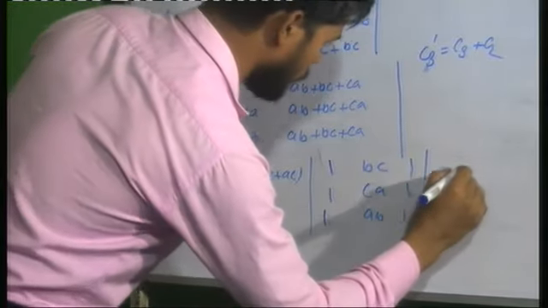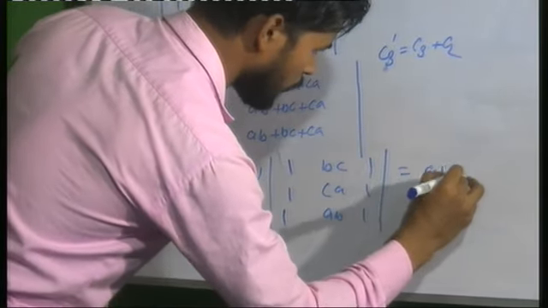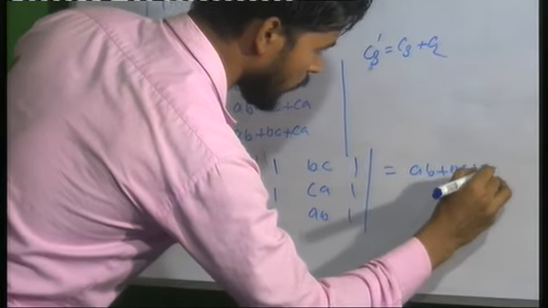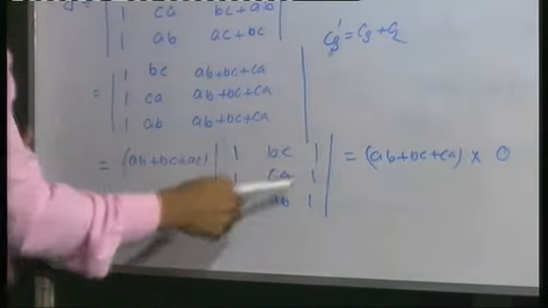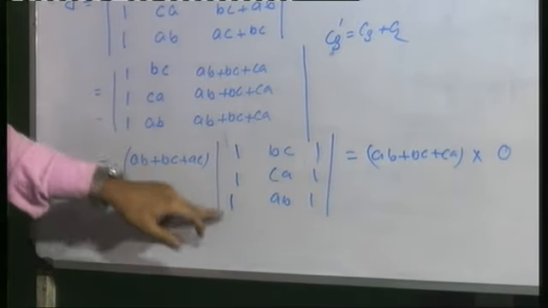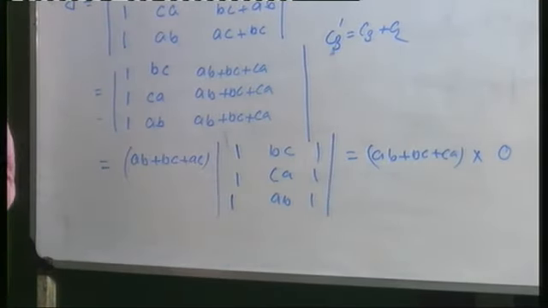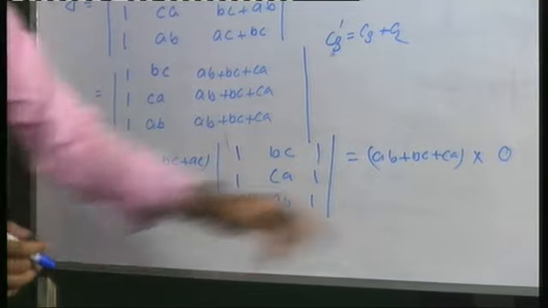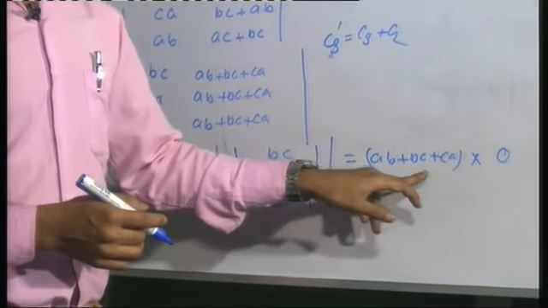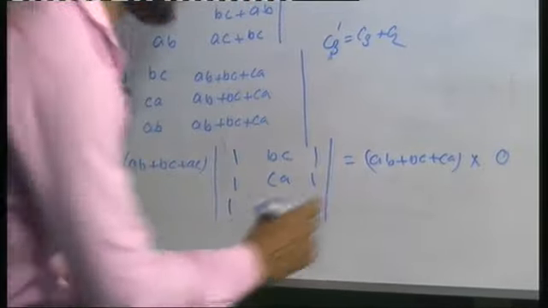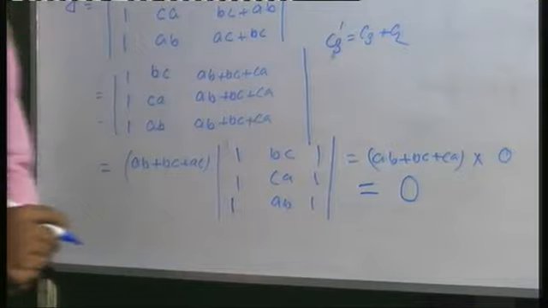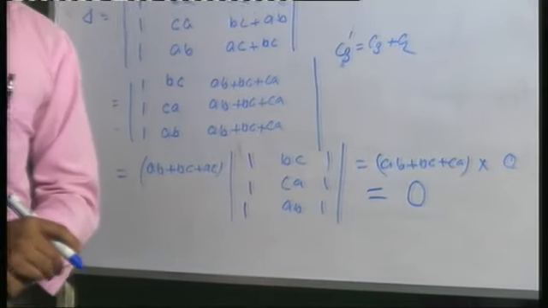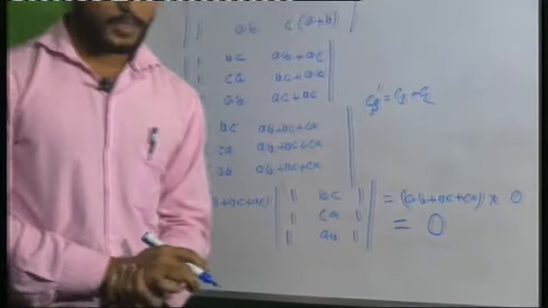So that is equal to ab plus bc plus ca into 0. Why 0? Because look at the determinant, the first column and the third column are identical, so the value of the determinant is 0. So ab plus bc plus ca multiplied with 0, and anything multiplied with 0 is 0, so the value of the determinant is 0. Without expanding we can prove that.